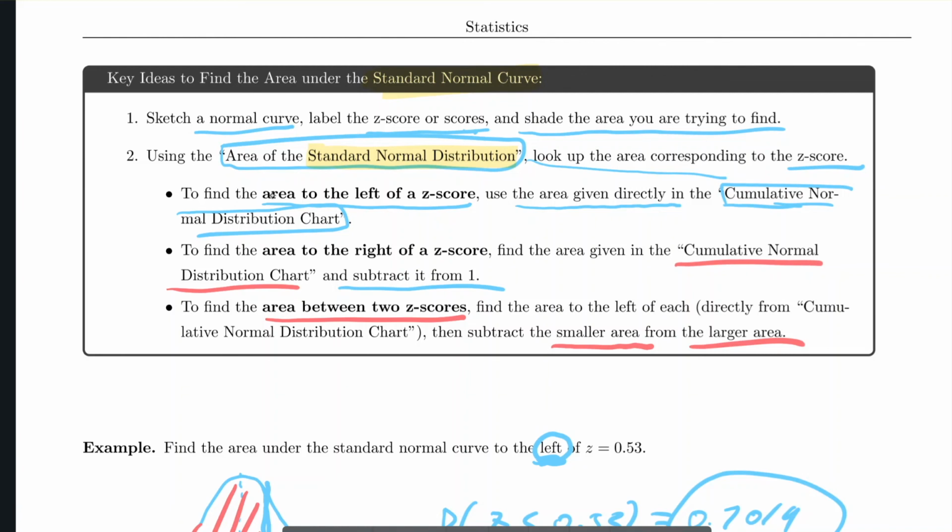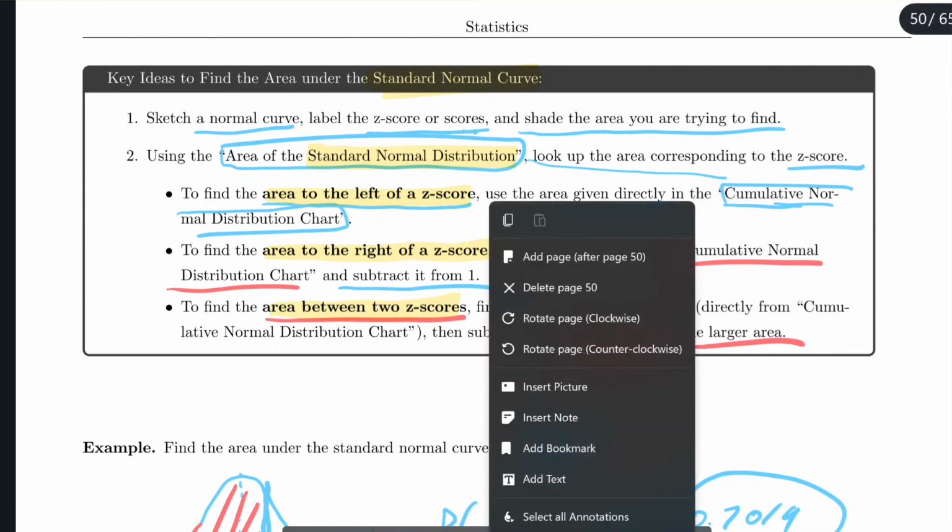Area left of the z-score, use the table directly. Area right of the z-score, 1 minus the value from the table. In between z-scores, subtract the smaller from the larger. So larger minus smaller is how I find the area between two z-scores. And we interpret it as a proportion or probability.